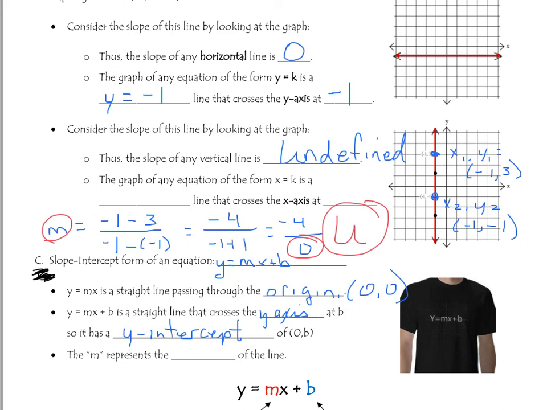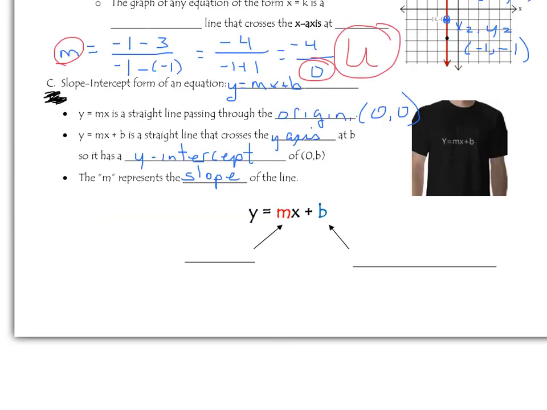So where a line crosses the y-axis is called the y-intercept, and it is going to be where x equals 0 and y equals b in this equation here. And m represents the slope of the line. So here we have y equals mx plus b, where m is the slope and b is the y-intercept.